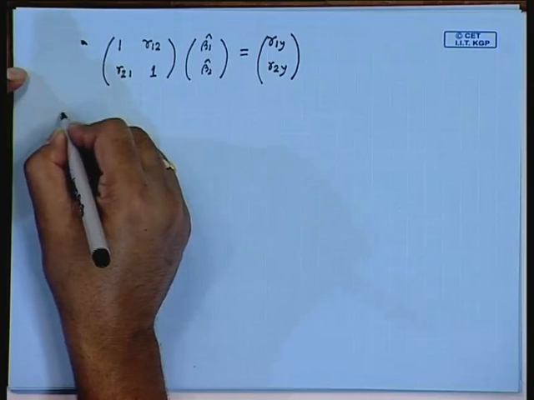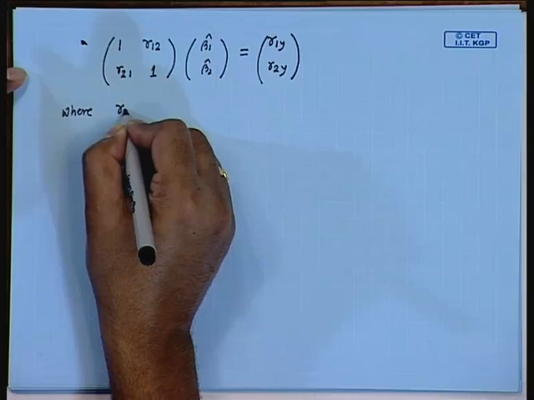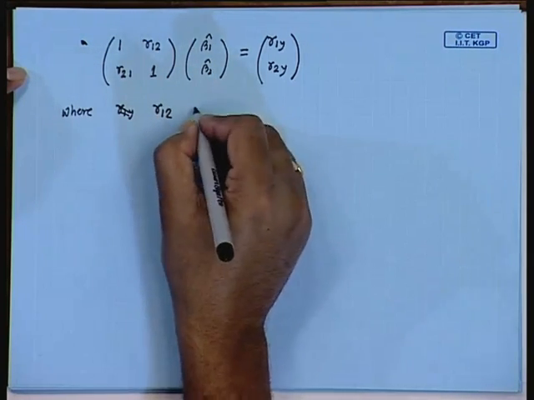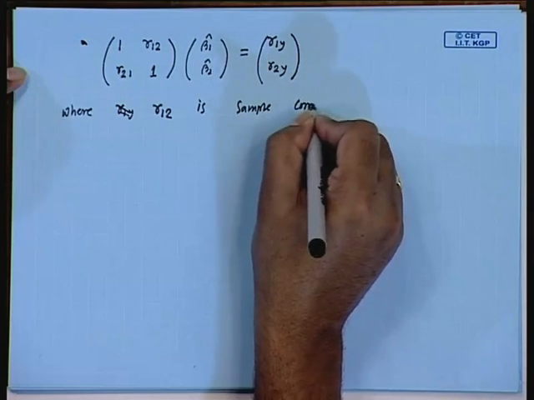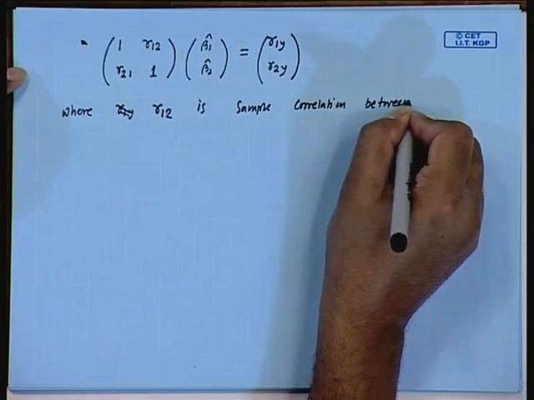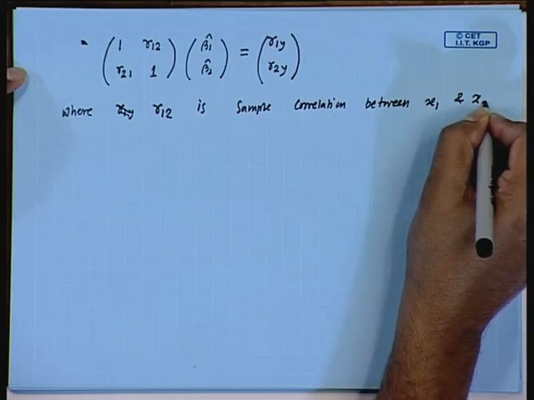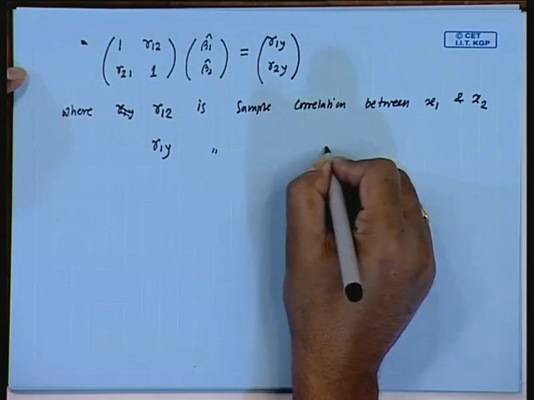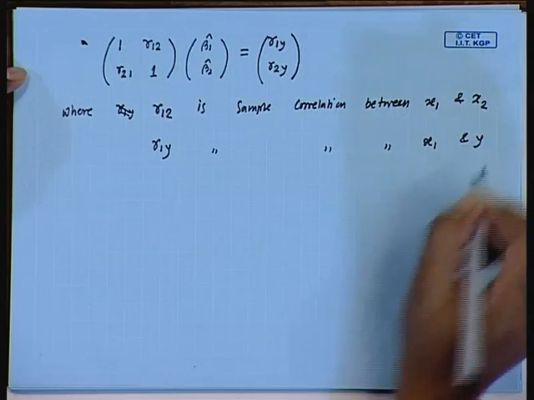Well, where I already mentioned that R12 is the sample correlation between x1 and x2, and R1y is the sample correlation between x1 and y.